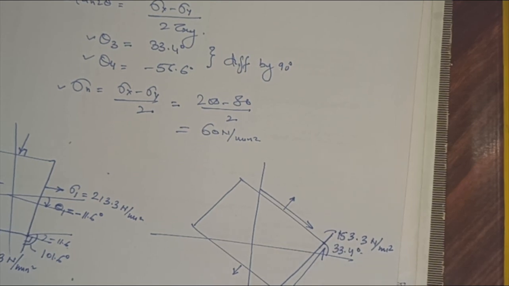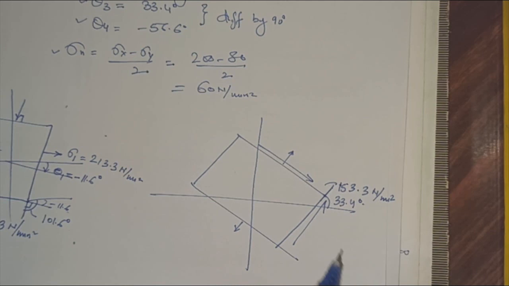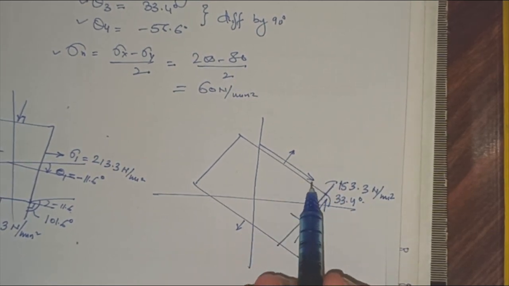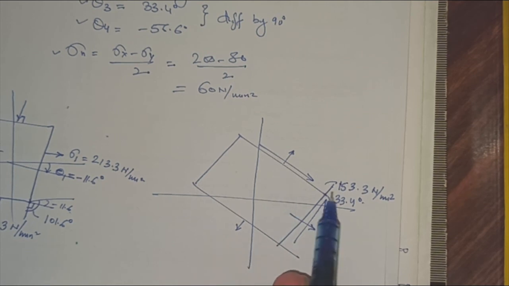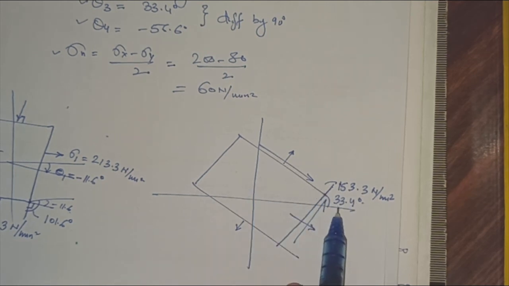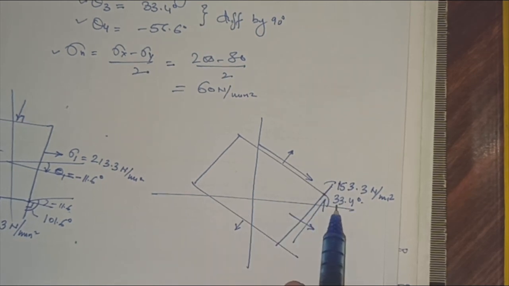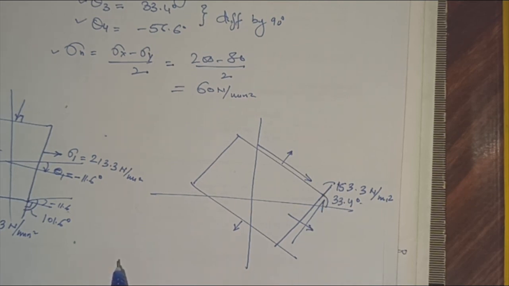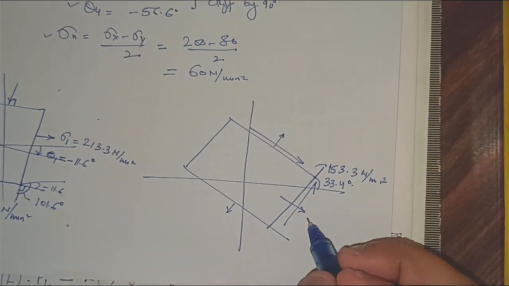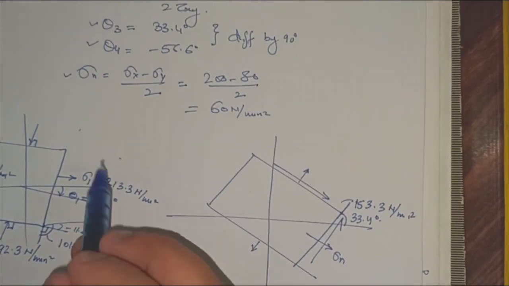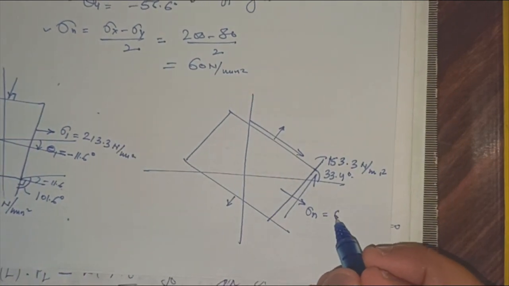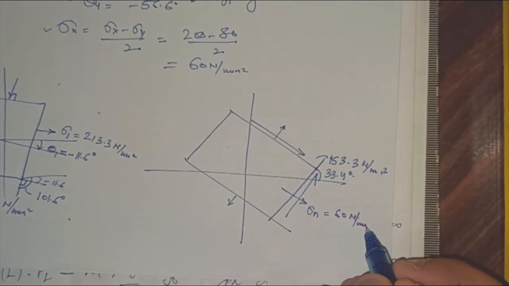And this orientation is 33.4 degrees. Since maximum shear occurs on this plane, which is oriented at 33.4 degrees in an anticlockwise direction, this plane exists. And what will be the value of normal stress on this? We have already calculated sigma n as 60 Newton per mm square.